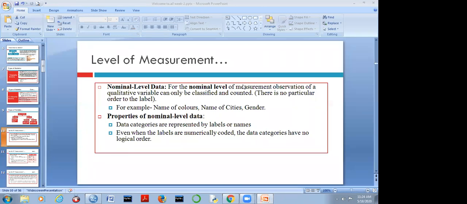No, age is numeric. Education, yes, exactly. One is gender, another is qualification, education. I ask SSC, HSC, graduate, undergraduate, postgraduate. So education, qualification, and gender are nominal level data.